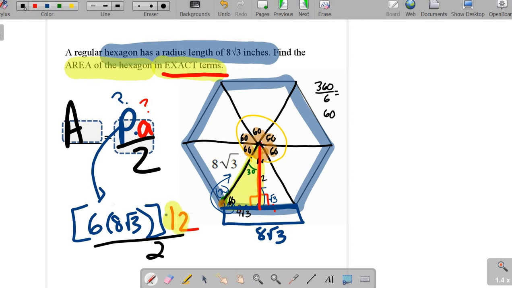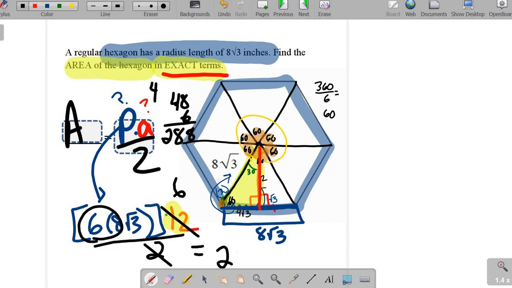I'm going to take the 2 into the 12. That's 6. So now I'm just going to go 6 times 8 is 48. Times 6 again. Six times 4 is 24, 28. So this ends up being 288 root 3 units squared. Looky there.